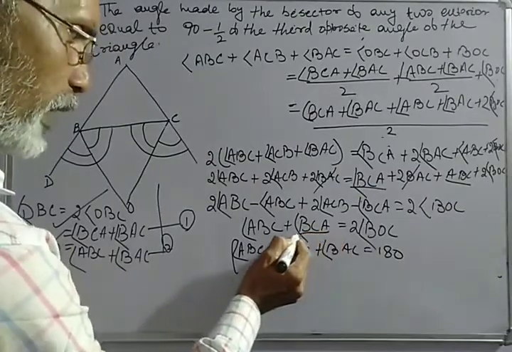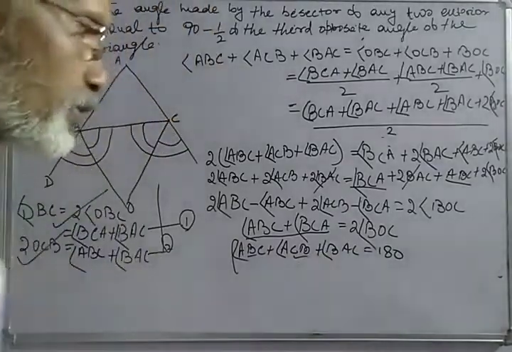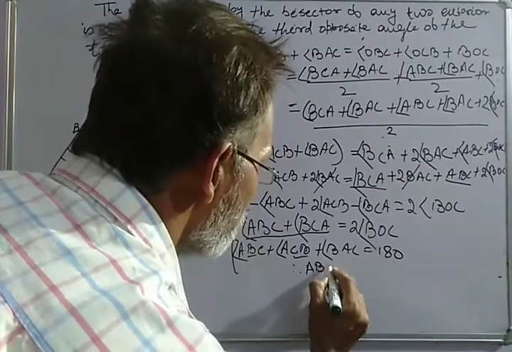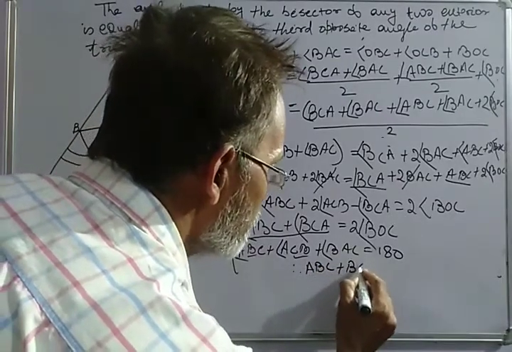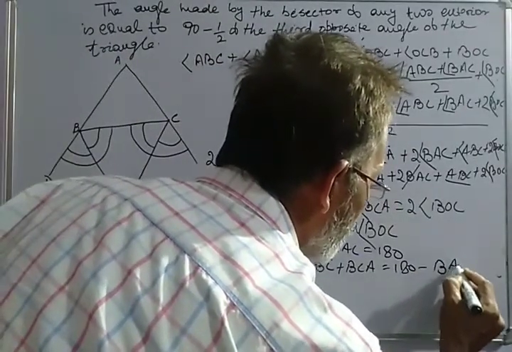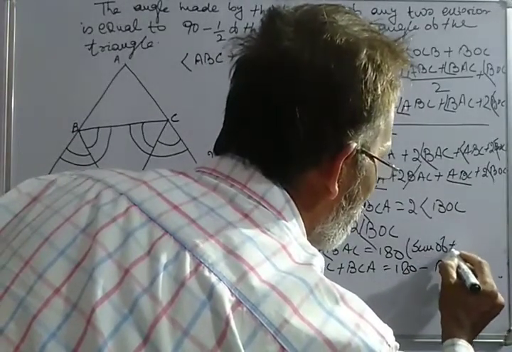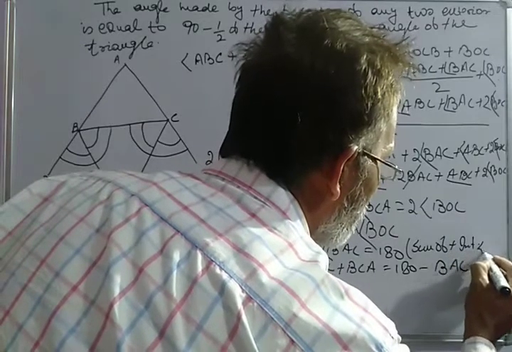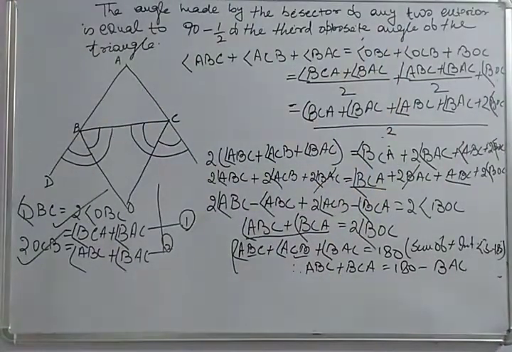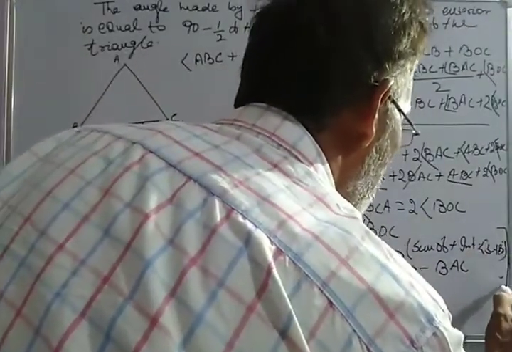So ABC plus BCA is equal to 180 minus BAC. Therefore ABC plus BCA is equal to 180 minus BAC.